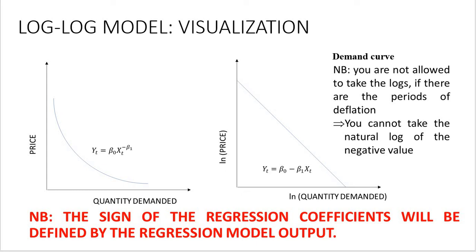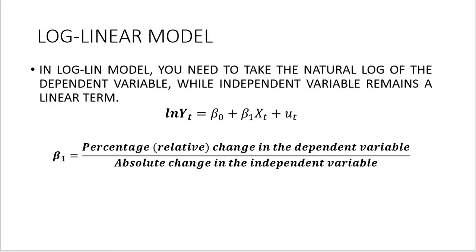Okay, so that was it when it comes to the log-log model, and our next topic to discuss is the log-linear or log-lin model. When we discuss this type of model, the dependent variable is represented as the natural logarithm, while independent variables are represented as linear terms.